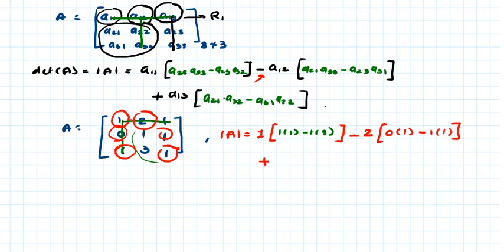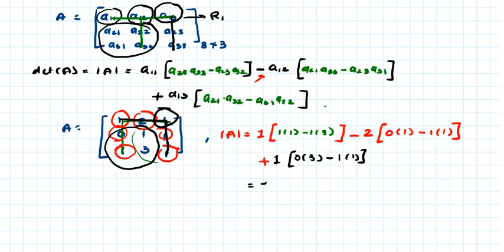Plus the third element. The third element is this one, we will write this 1 here. Again hide this row and this column. So what remains? Only this much submatrix remains. Find its determinant. This will be 0 into 3 minus 1 into 1.